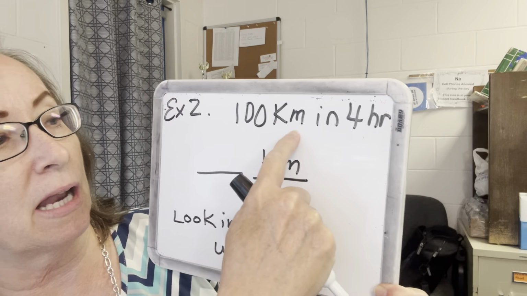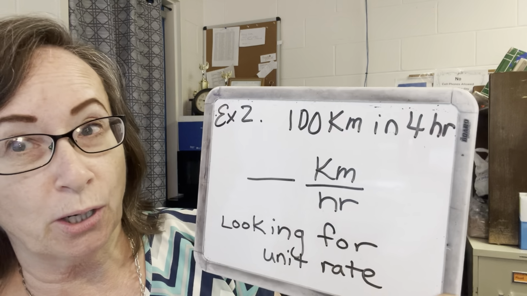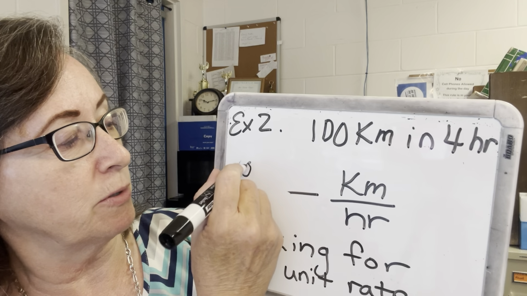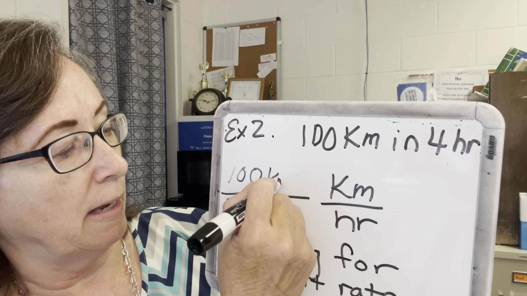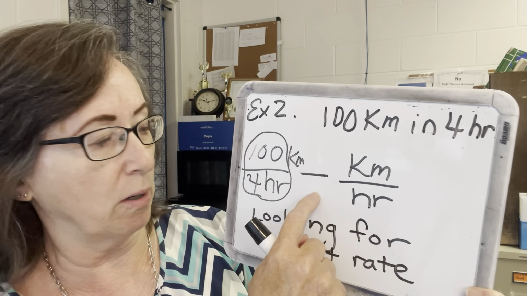Okay, so example 2 also has to do with these rates. Heather finished the 100-kilometer bike race in 4 hours. What was her average speed in kilometers per hour? So we have 100 kilometers in 4 hours. So we're looking for how many kilometers per hour. I'm going to start with 100 kilometers in 4 hours, and I'm going to simplify this fraction to get just 1 hour on the denominator.